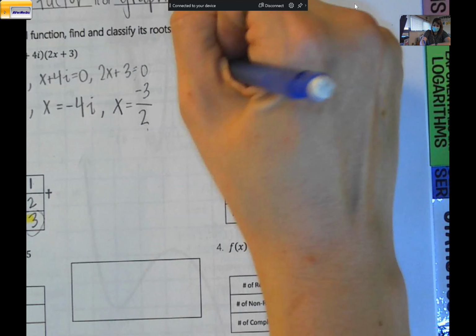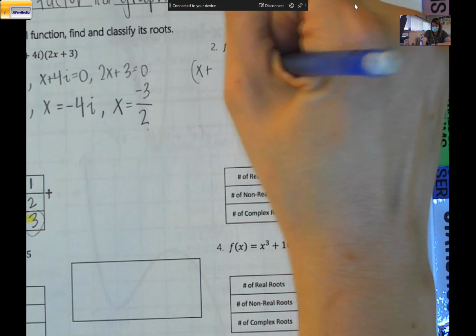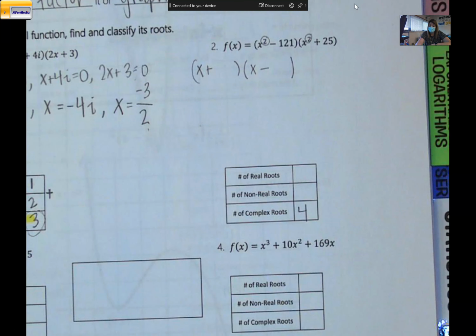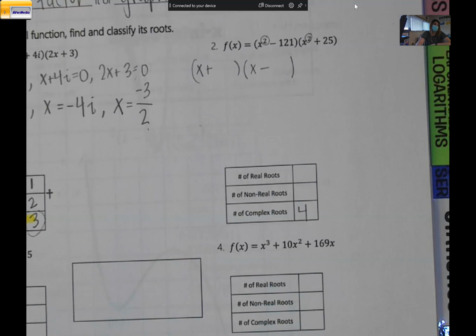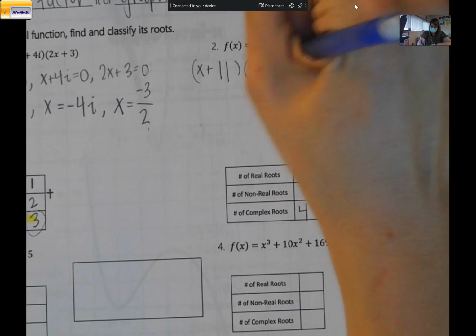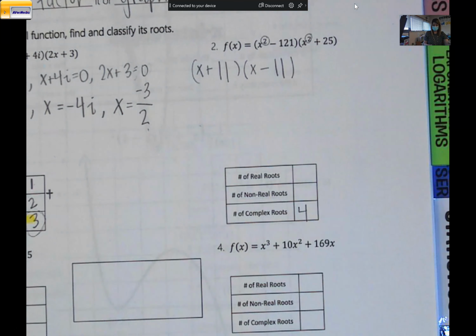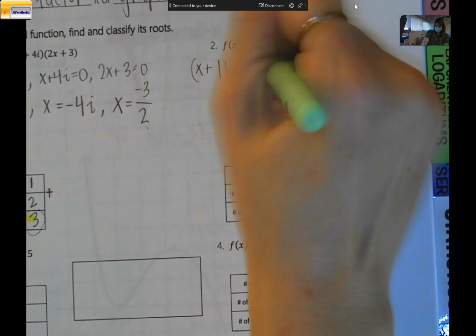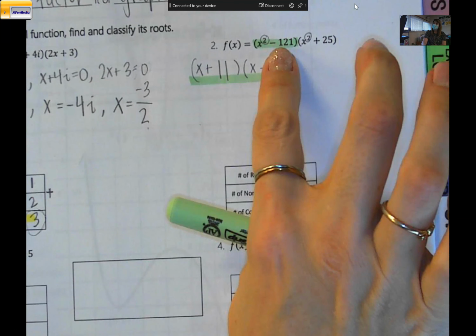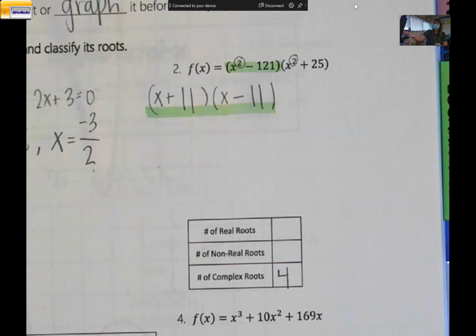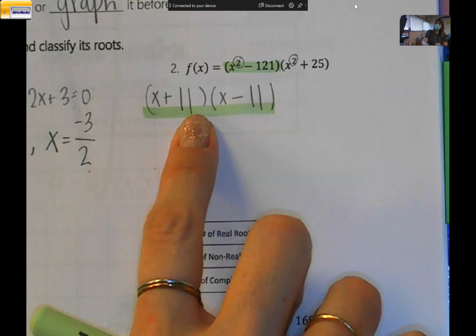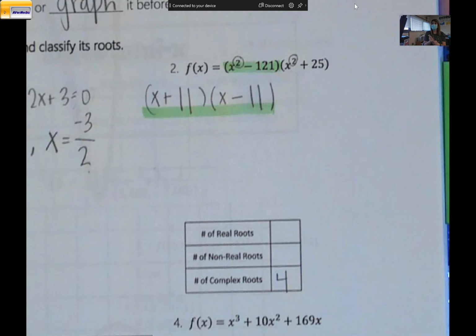So x plus, x minus, what's the root of 121? I'm not going to tell you. The square root of 121. What is it? 11. So let me highlight that for those of you that might be lost. This x squared minus 121 factors to x plus 11, x minus 11.